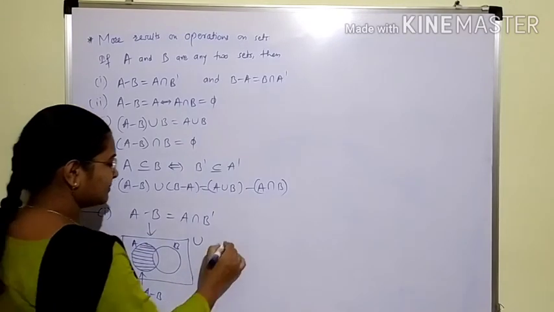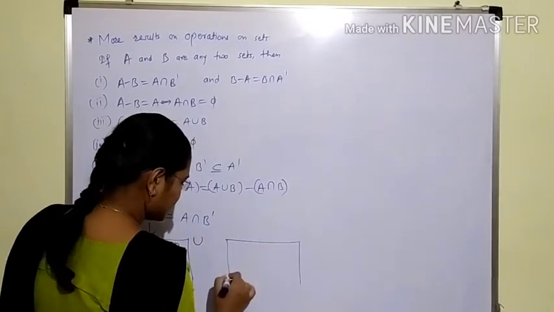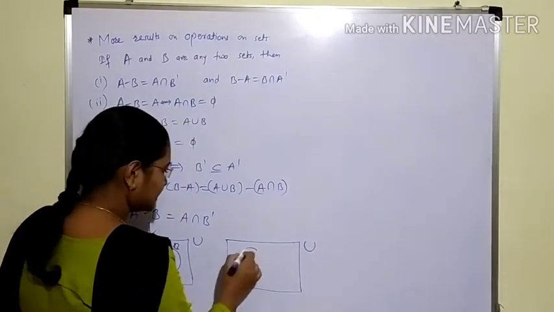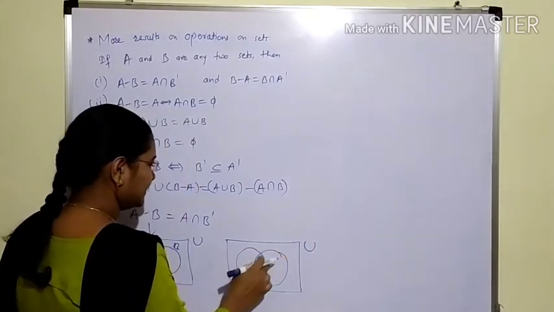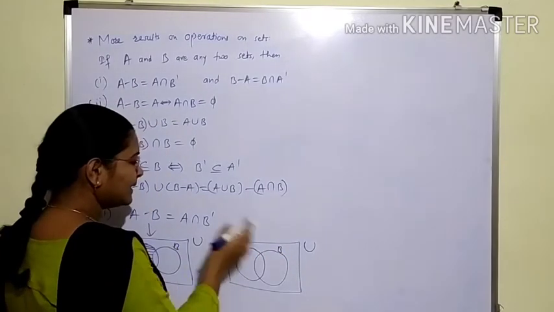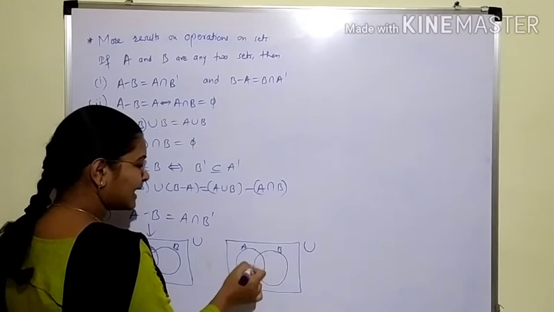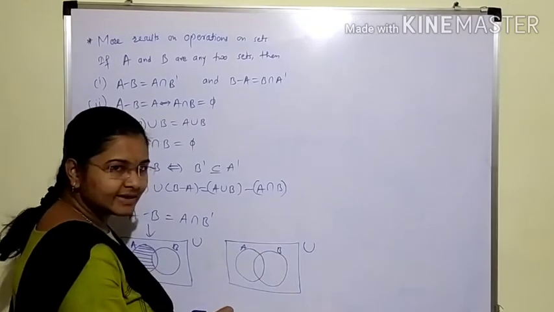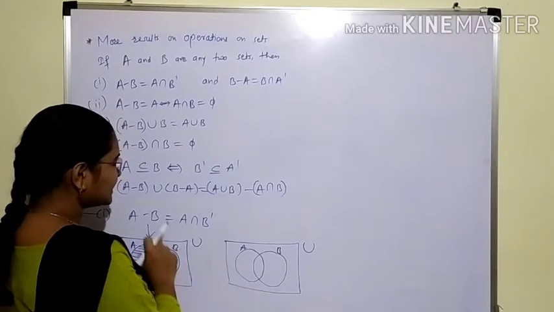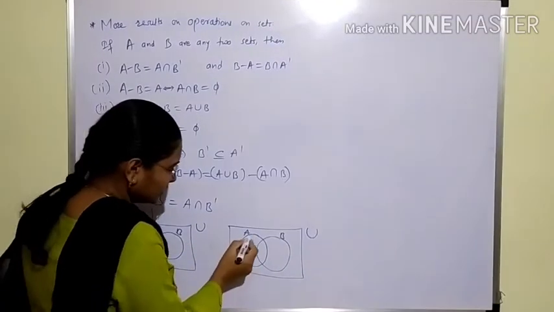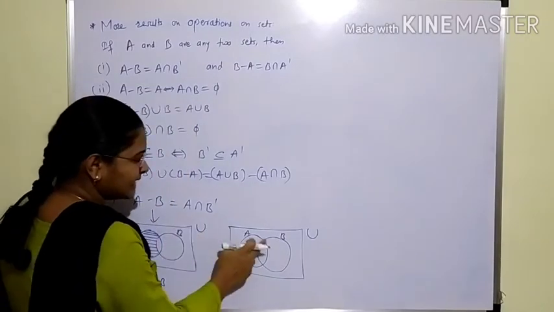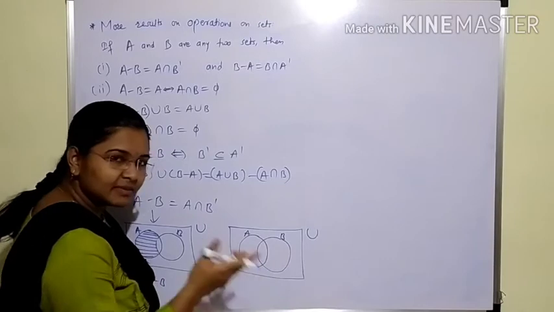Now for this we have seen the Venn diagram. Now A intersection B complement. Now students, if this is your universal set, and this is set A and set B. Now B complement is the part of universal set which has excluded elements of set B, and its intersection with set A. Now this is your set A. So set A intersection with B complement.